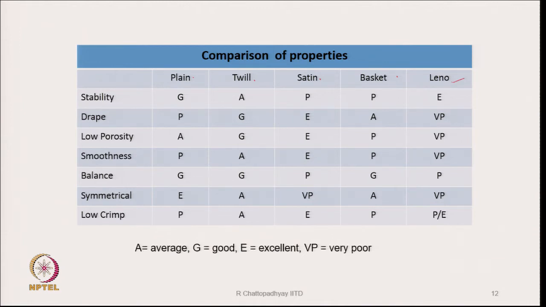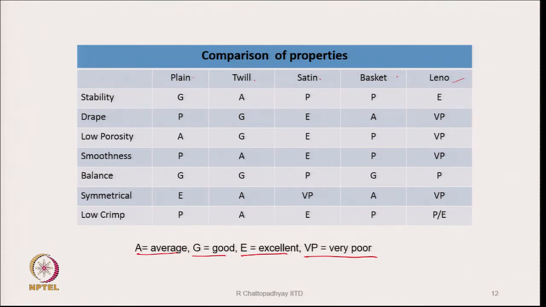And if I compare these fabrics in terms of stability, drape, porosity, smoothness, balance, symmetrical or not, whether crimp is low or not, then the qualitative comparisons are given here, where A stands for average, G stands for good, E stands for excellent, and VP stands for very poor.